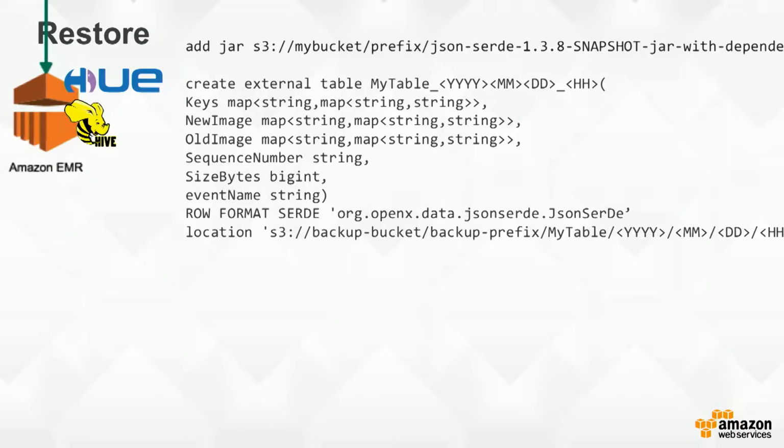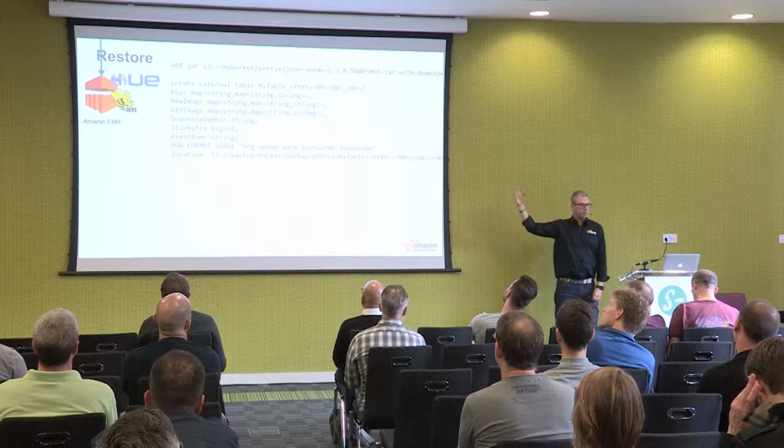So what we can do is use Hue to add a JSON parser. We can then use something called create external table to create something like a SQL table on top of our backup data. You can see here that it's got keys, new image, old image, and then the sequence number.